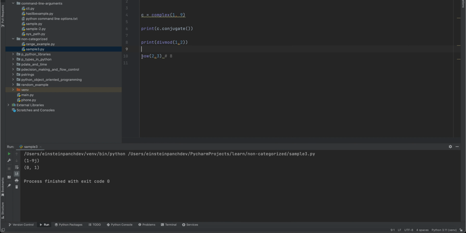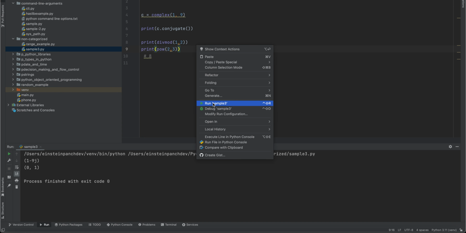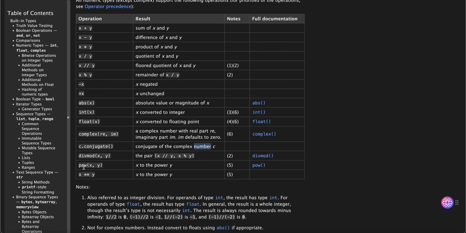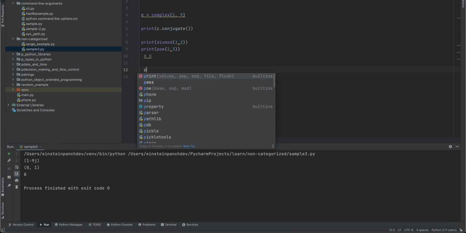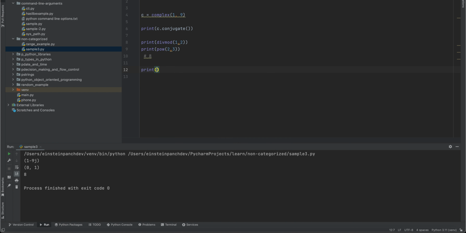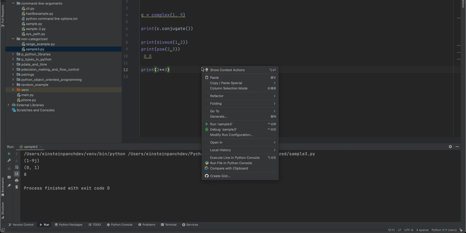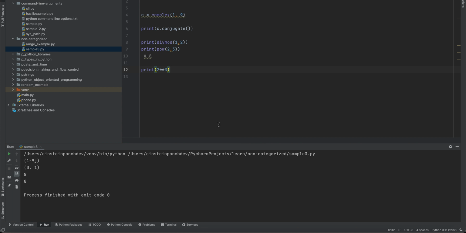Okay, I didn't print it, so let me print it. Now it should print 8. Then x ** y, this is also a simple power, same, print 2 ** 3, it will print 8.